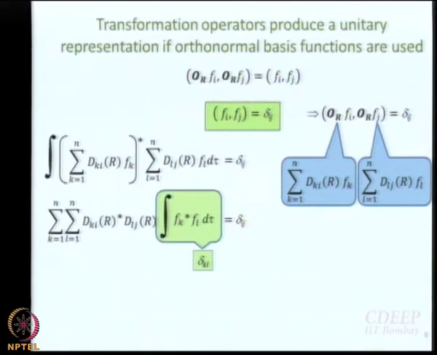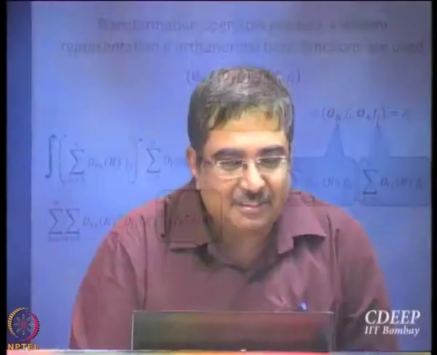Now, how does that help me simplify? What are the terms that will survive? What is the meaning of Kronecker delta? It is equal to 1 when k equal to L and is equal to 0 for k not equal to L.